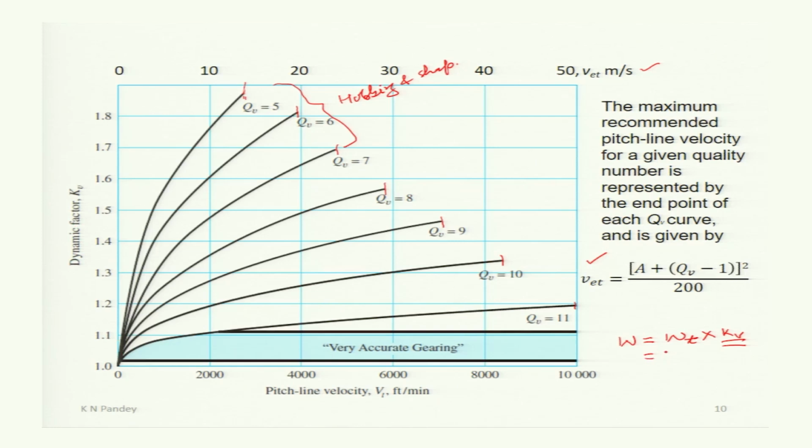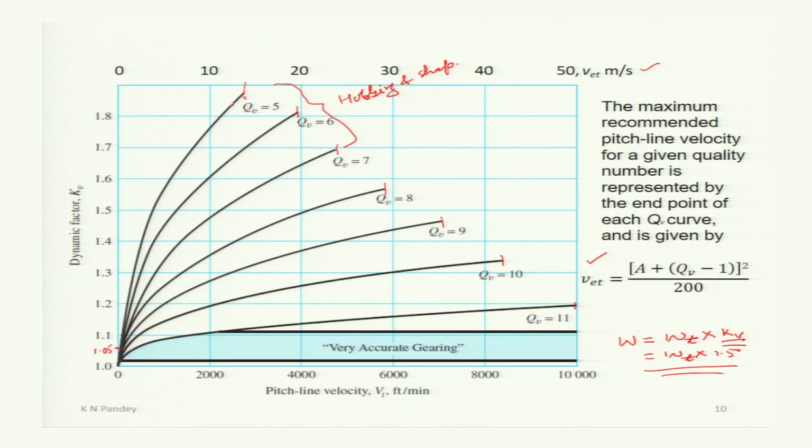So, it will be Wt multiplied by 1.1, it means only 10% increase in transmitted load is there. If you are coming down, then it may be 1.05 or lesser than 1.05. So, very small change in transmitted load is there if the gear is very accurate.